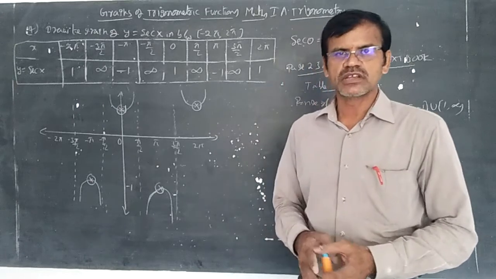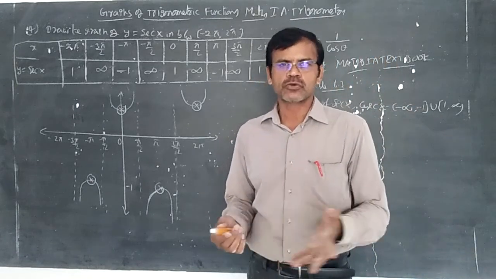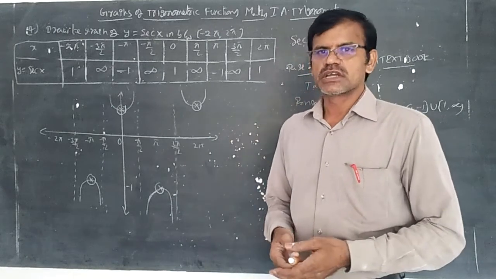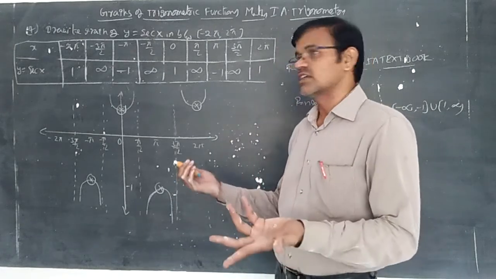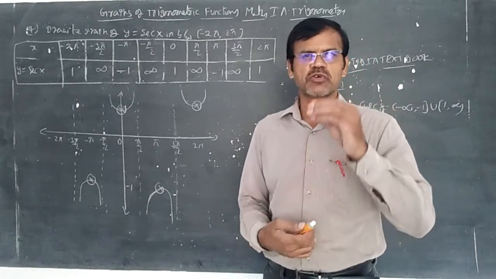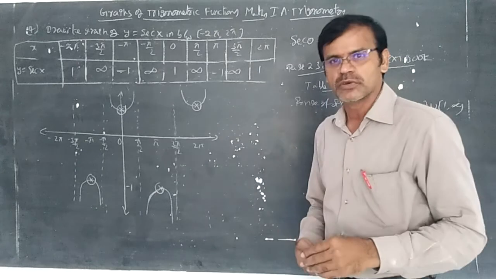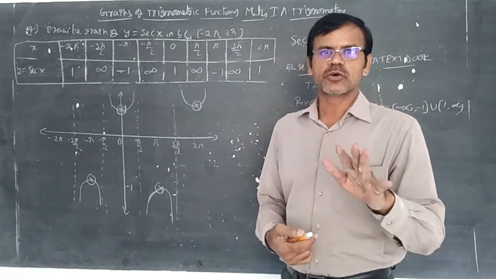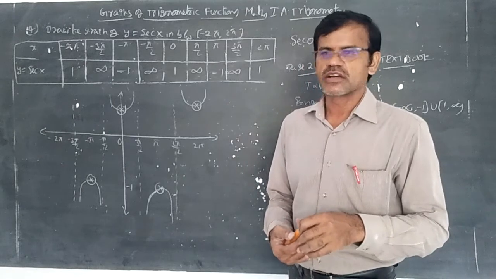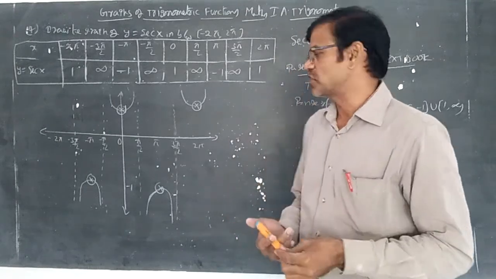Example, secant 30 is 2 by root 3, it is not 0. Secant 45 is root 2, not 0. Secant 60 is 2, not 0. Secant 90 is infinity, not 0. So you cannot get such a value between minus 1 and 1. Whether you go from an unknown value to a known value or from a known value to an unknown value, you cannot get that value.